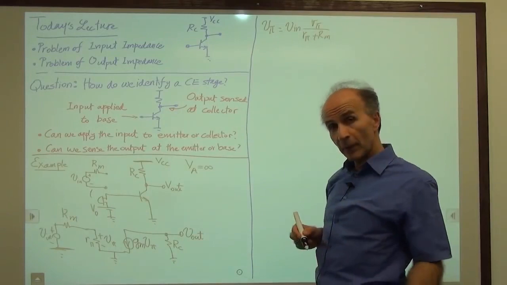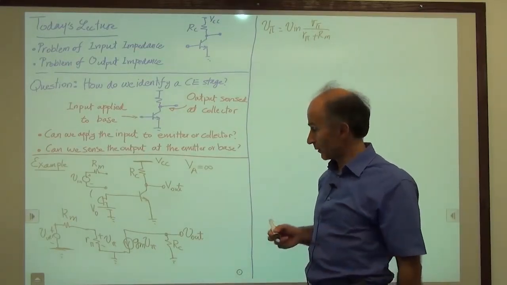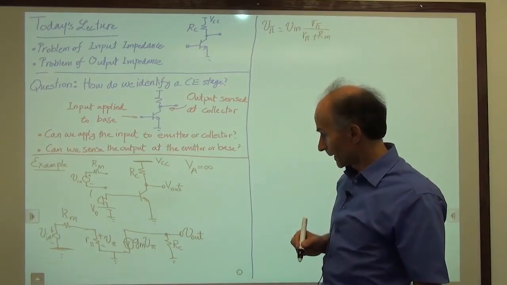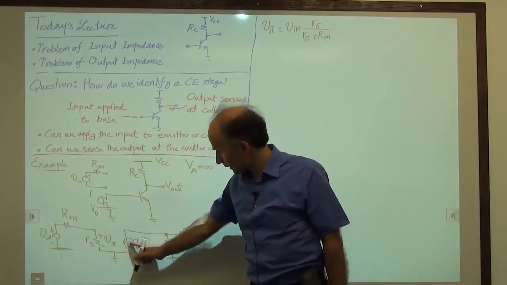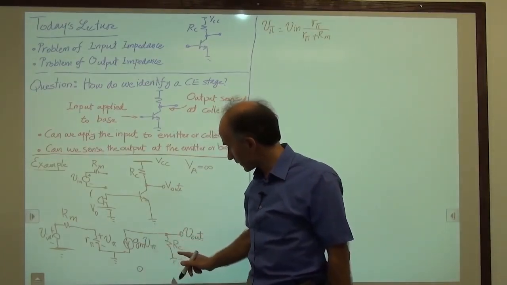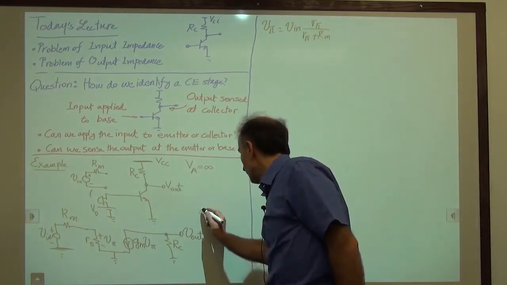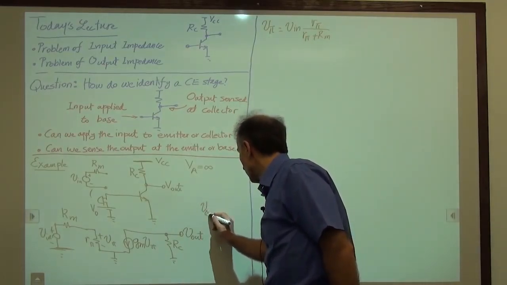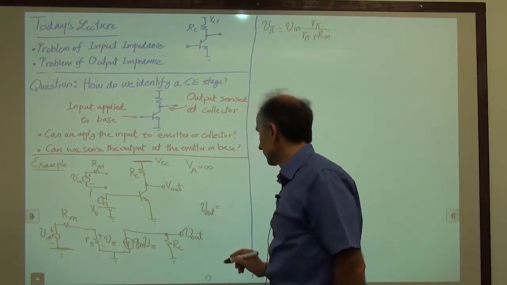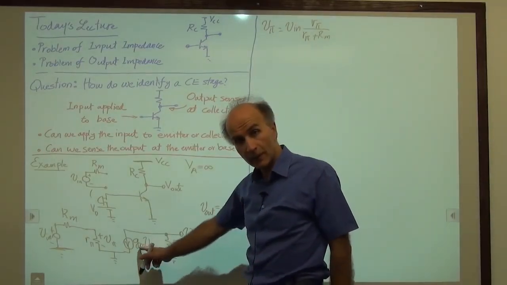Okay, so we found V pi. V pi is something we would like to eliminate from the equations, so we don't have that anymore. Then this current is equal to Gm times V pi, and this current has to flow through Rc. We know that V out is equal to this resistance times this current.